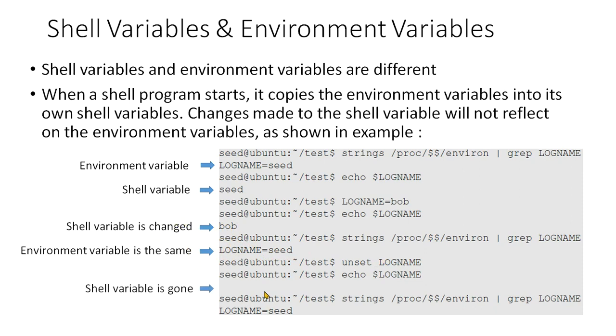We see the shell variable now is gone. It disappears. But the environment variable is still here. It's still seed. So now we see there are two different sets of values. One is the environment variables and the other is the shell variables.